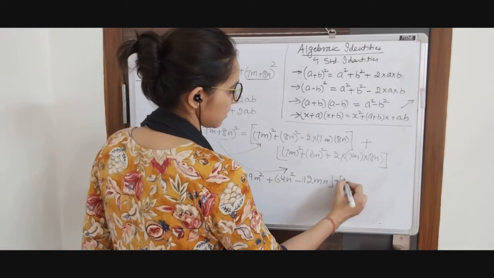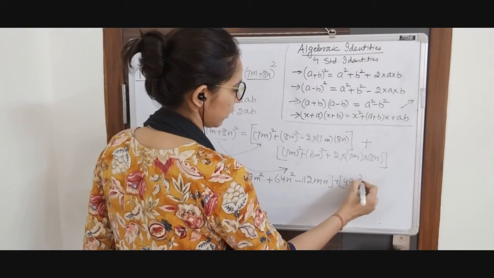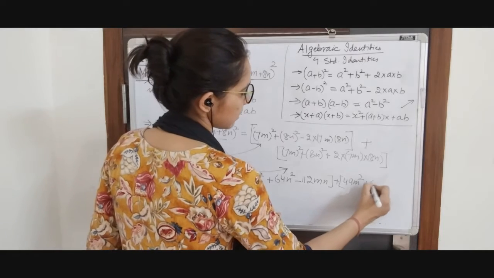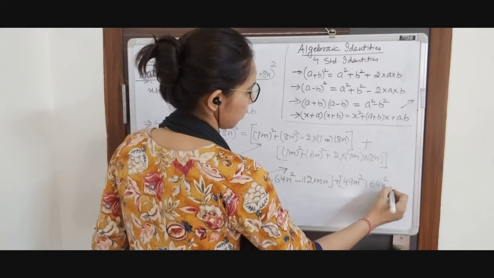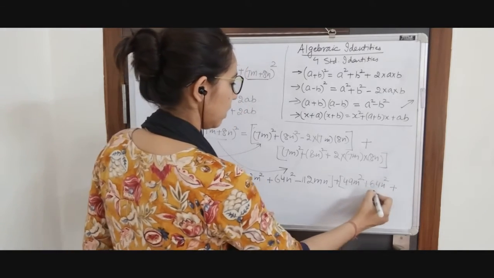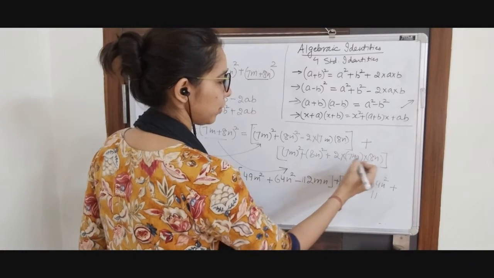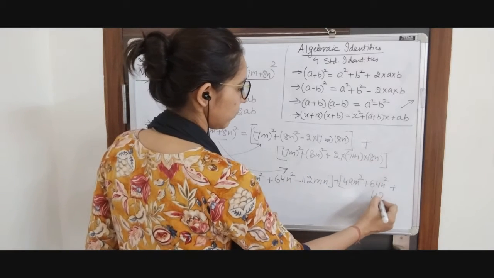Next, plus 49m square plus 64n square plus, again we have 2 into 7 into 8, so again we are going to get 112mn.